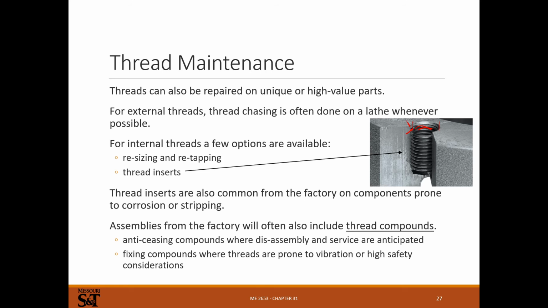You might even do this on an aluminum part where you really need to torque something down a lot. You might do this from a new part from the factory. You might put some kind of a thread insert in, just so you've got nice, strong, reliable steel threads. This usually comes with a specialty thread profile.